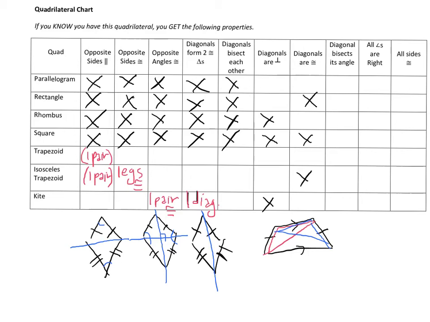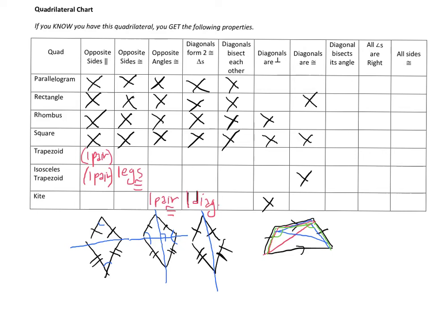And I know those are congruent because I have a side-angle-side relationship because of the properties of an isosceles trapezoid. So just to make it a little more clear, I know that this side is the same as this side. I know that this angle is going to be the same as this one over here, and I know they share this side. So that's why I know that those diagonals have to be congruent, because we have congruent triangles.